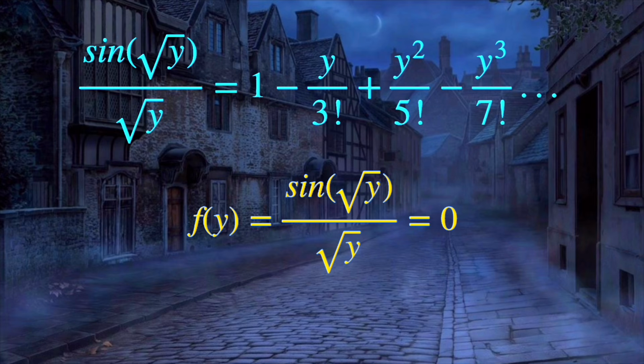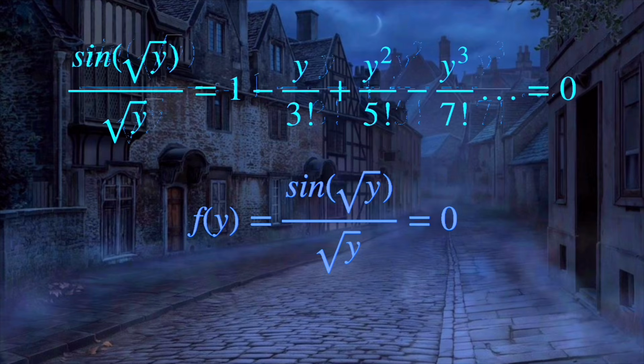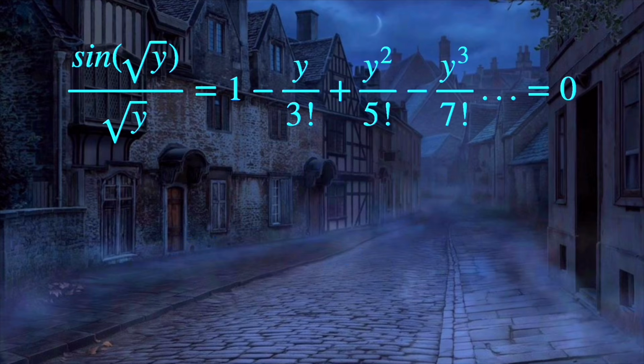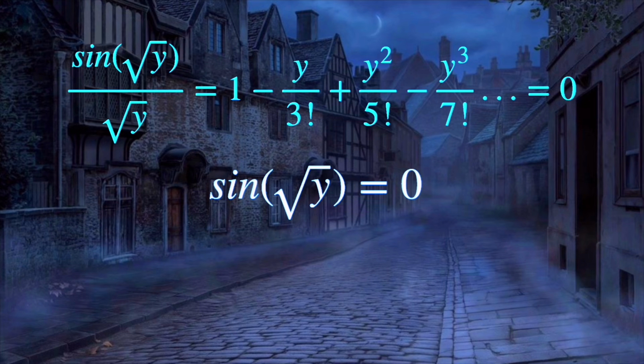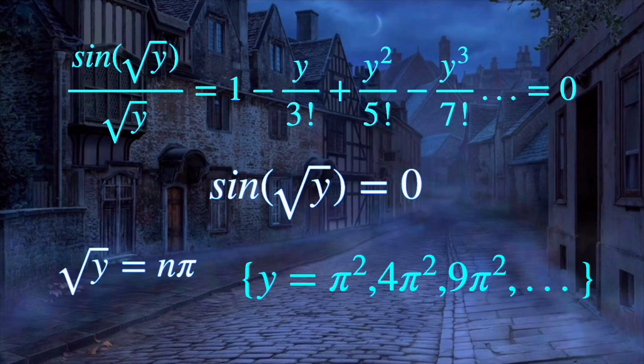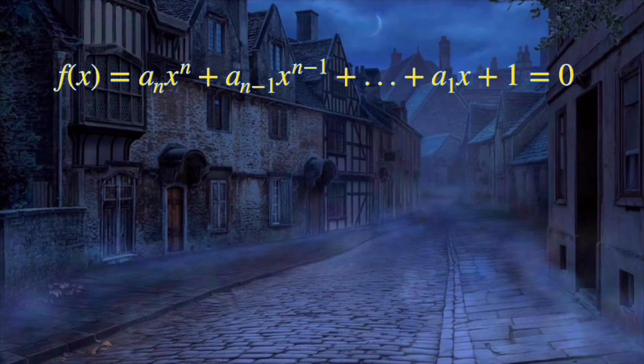Well, asking what the zeros of this function are is the same as asking what the zeros of the sine of the square root of y are. Euler knew that he had to solve this equation to get the answer. And so, this equation has solutions in the way of square integer multiples of pi squared, with the exception of 0.